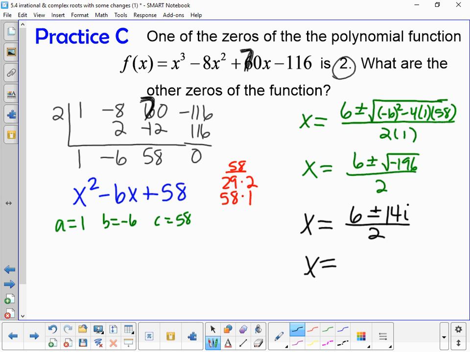And so if we reduce that factor of 2 out, we get 3 plus or minus 7i. Now this particular question just said what are the other zeros, so here are the other 2 zeros. The third one was given to us, so they were just saying find the other ones, which we did.